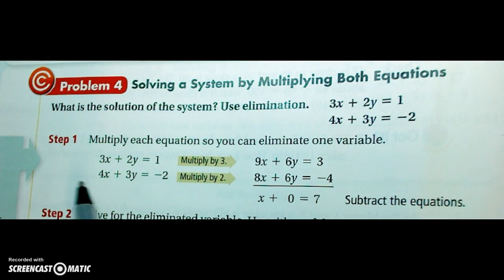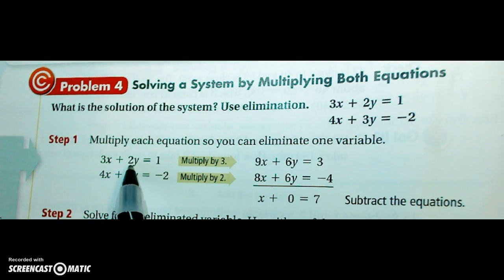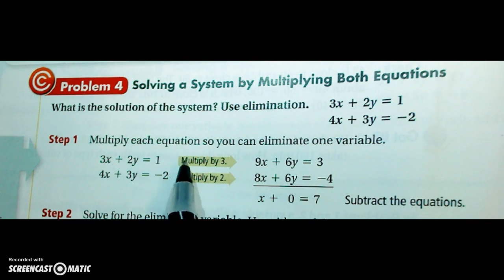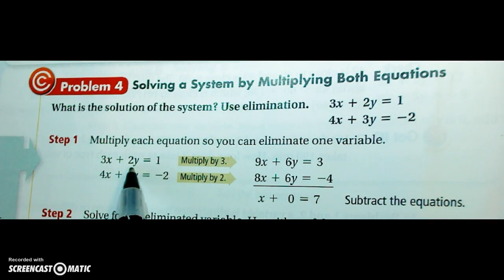We notice that if we multiply this 2 by 3, we end up at 6, and this 3 by 2 will end up at 6. So we multiply the whole equation. 3 times 3 is 9, 2 times 3 is 6, 1 times 3 is 3, and then we're multiplying the next equation by 2. So we end up with 8x plus 6y and -4.